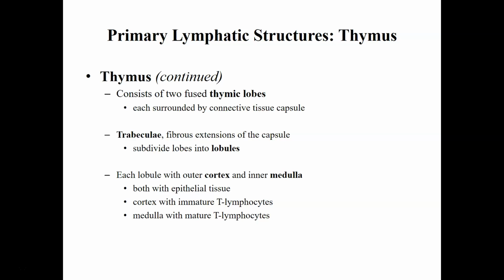So the immature T cells start out in the cortex, travel inward, mature, and end up in the medulla. There's a difference in coloration between these two regions, as you'll see on the next slide. Eventually, after the T cells mature, they exit the thymus in the bloodstream and take up residence in the secondary lymphatic organs and tissues.